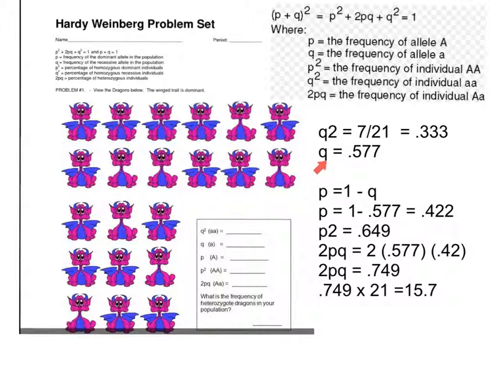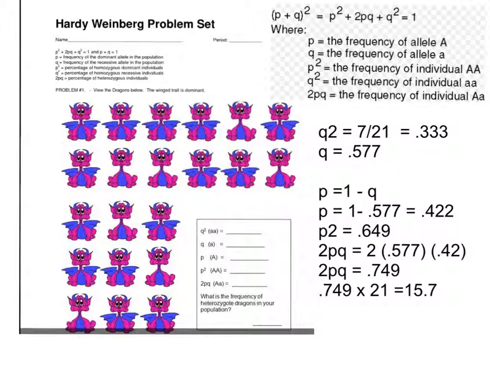Take the square root of 0.333, and we get 0.577. To get p, we have 1 minus q, so 1 minus 0.577, we get 0.422. We square this number to get our p squared.